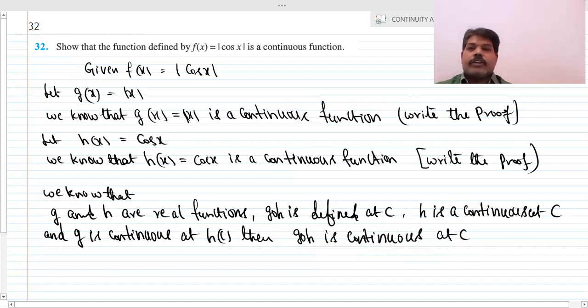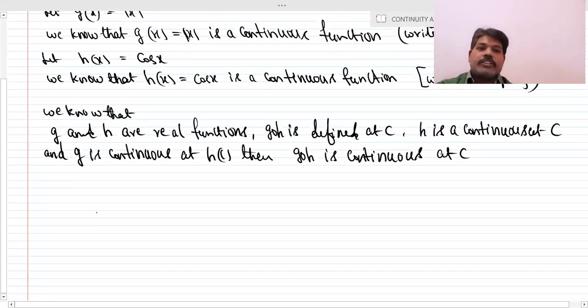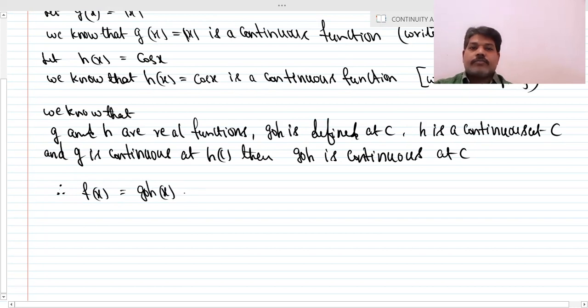So from these two conditions, f of x is equal to g circle h of x. What is the meaning of that? That is nothing but g of h of x. What is h of x, students? That is cos x.